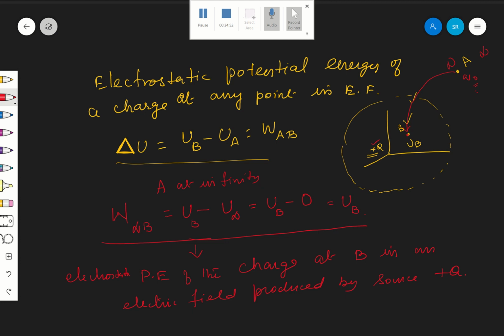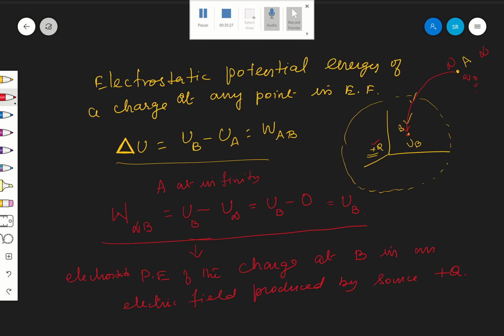The charge is a test charge, definitely, and it should not have any influence on the electric field produced by our source, that is plus Q. That is very important. Therefore, the electrostatic potential energy of a charge at any point in an electric field is defined as the work done by the external force in moving that charge from infinity to that point without acceleration.